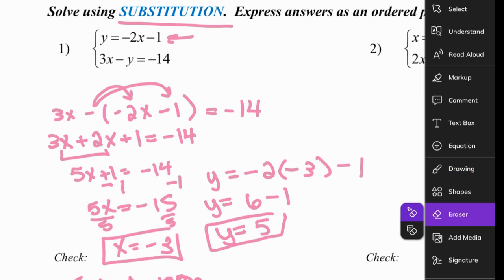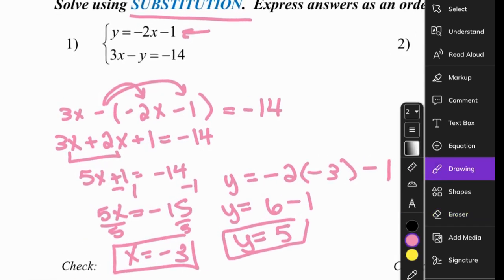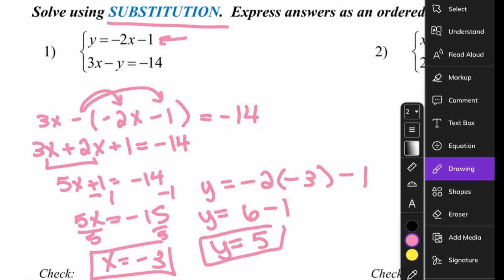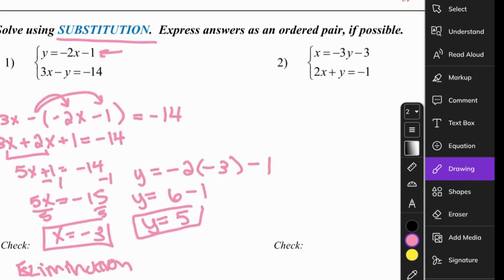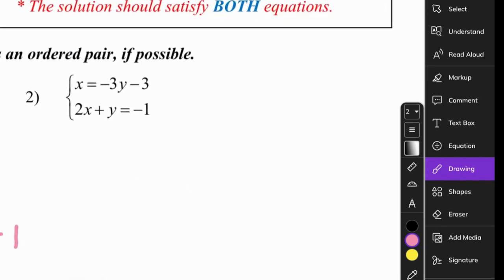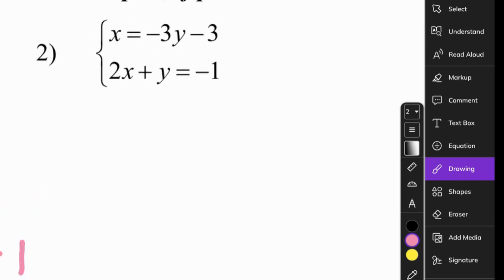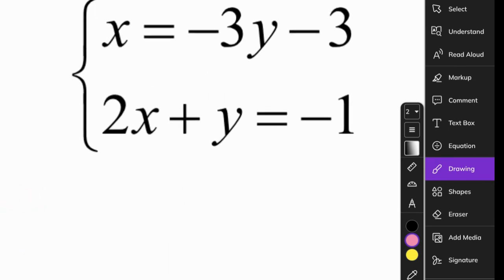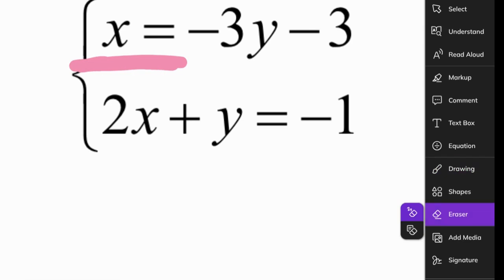Now as you can see, this process is pretty lengthy, and it requires you to do two parts of the equation. So that's why a lot of people like to do elimination instead. But a key part is that you can also plug in values for x. It doesn't always have to be y.